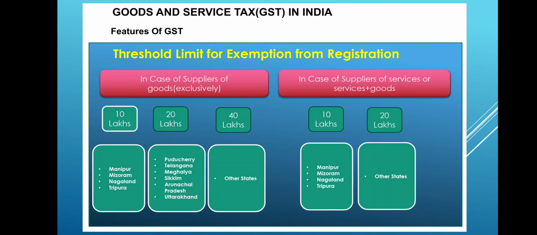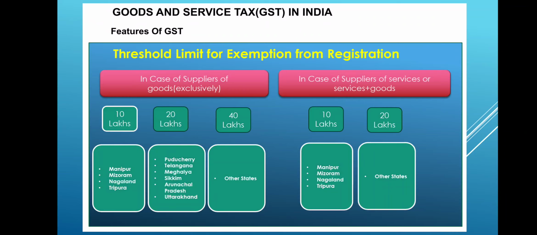Same in the case if the aggregate turnover is below 10 lakhs in case of Manipur, Mizoram, Nagaland, and Tripura, then in that case he is not required to register under GST. But if his aggregate turnover is above 10 lakh in all these 4 states, then he must register himself under the GST. Same in the case of other states.